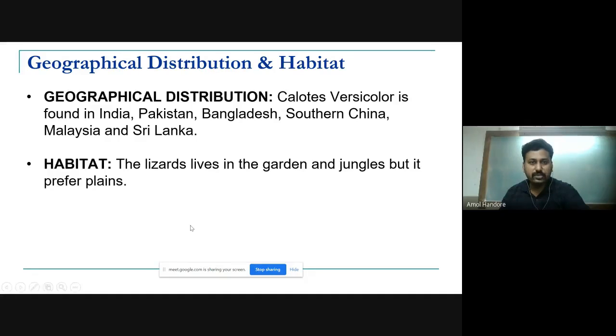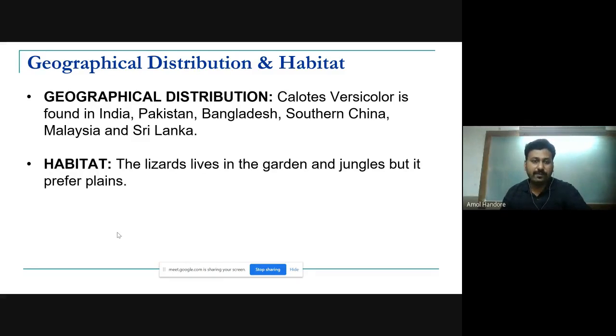Now let's come to the geographical distribution. So all over the world, where do you find Calotes? Calotes is basically found in the Indian subcontinent. In the Indian subcontinent, you can find it in countries like India, Pakistan, Bangladesh, southern China, Malaysia and Sri Lanka. So this is a species of the Indian subcontinent.